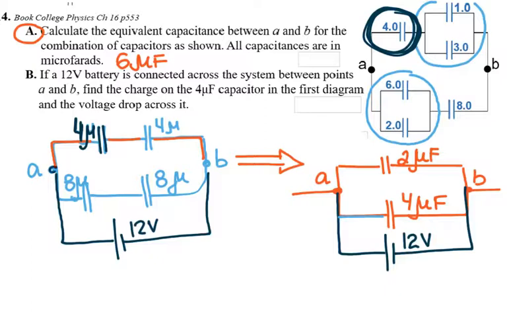So because between point A and B I have 12 volt, and the total capacitance of these two guys right here on the top is 2 micro, then I can find the charge on both of them.